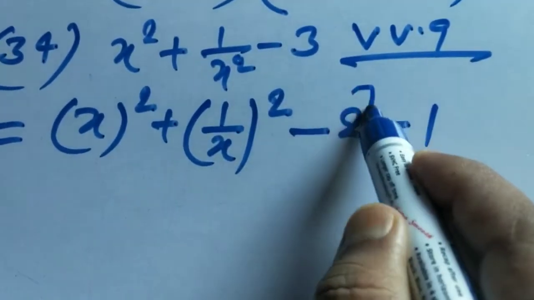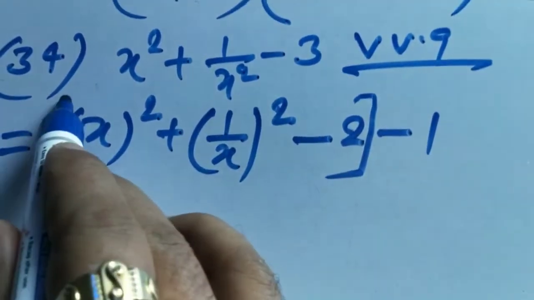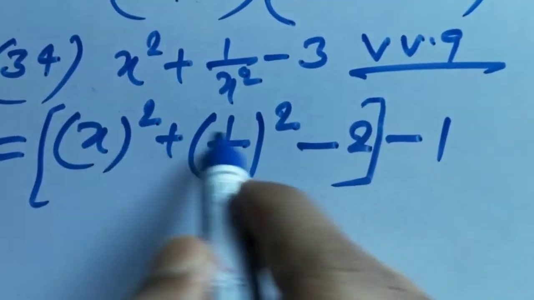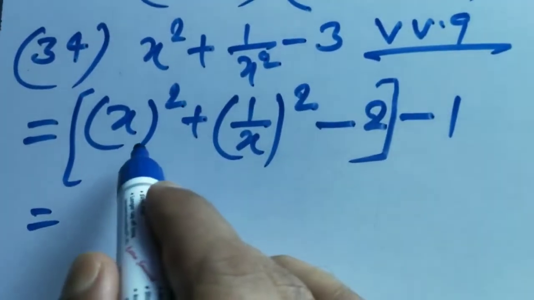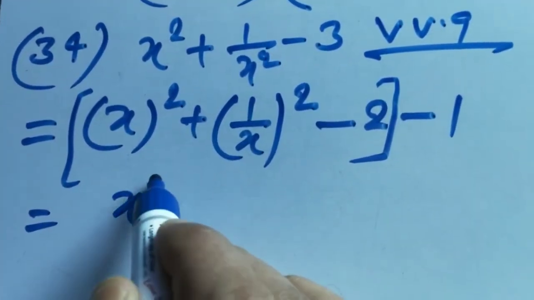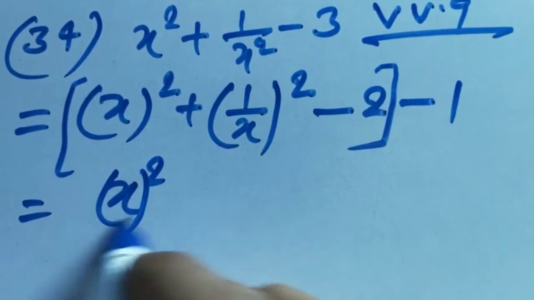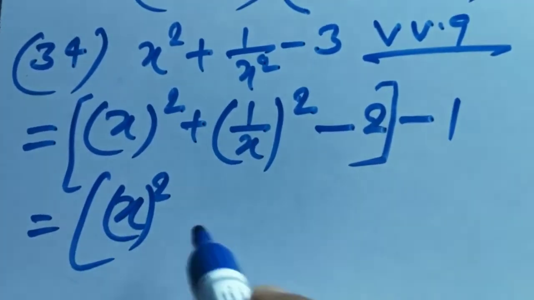Now you have to keep these two with x square plus 1 by x square. It will be based on an identity. See how it will be.